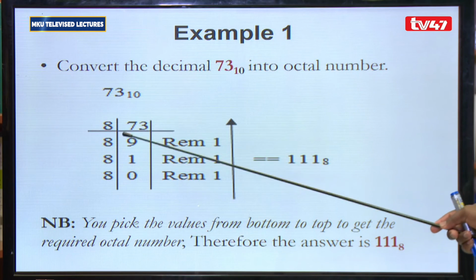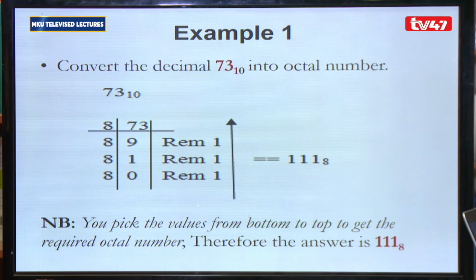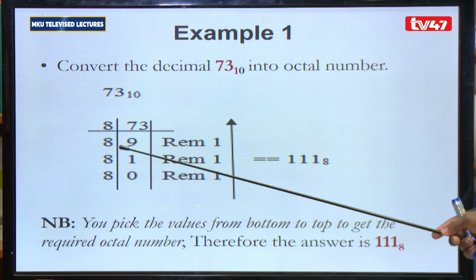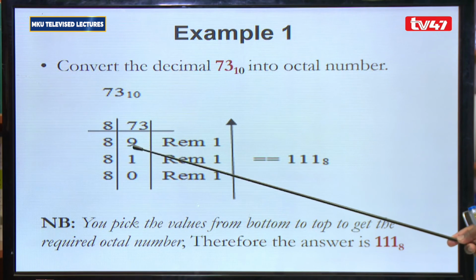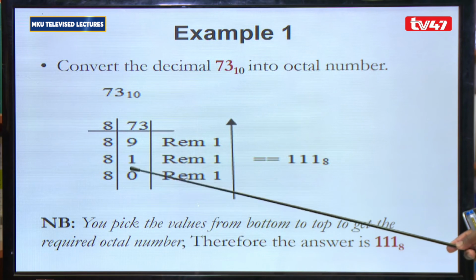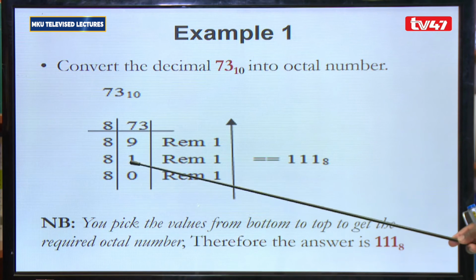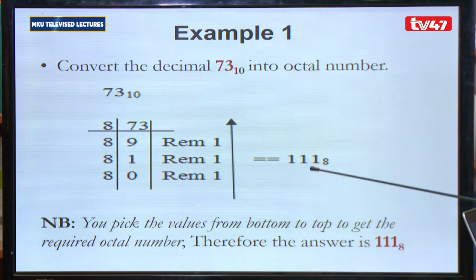So 73 divided by 8 is 9 remainder 1, because 9 times 8 is 72. 9 divided by 8 is 1 remainder 1. And 1 divided by 8 is 0 remainder 1, because this number is smaller than 8. So you end up with 1, 1, 1.